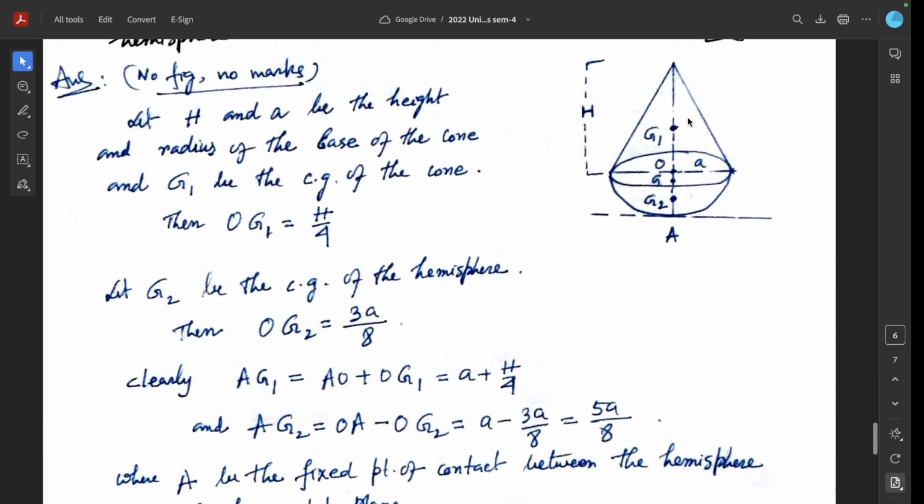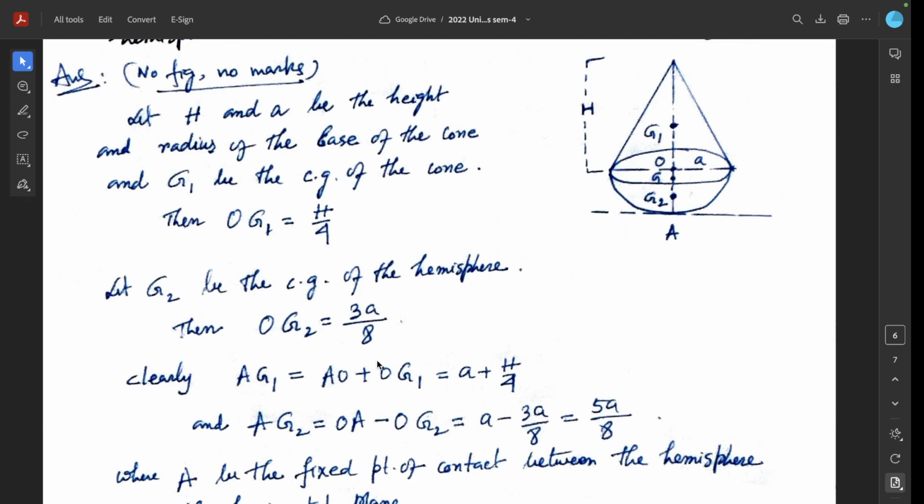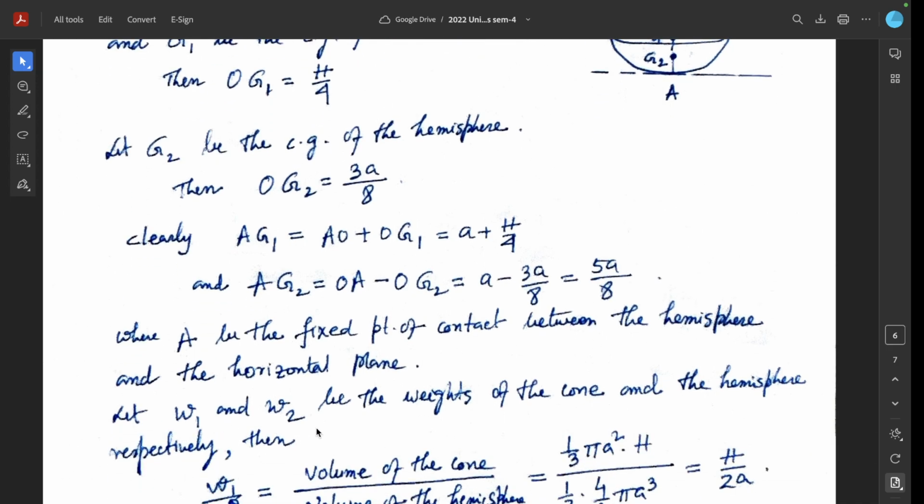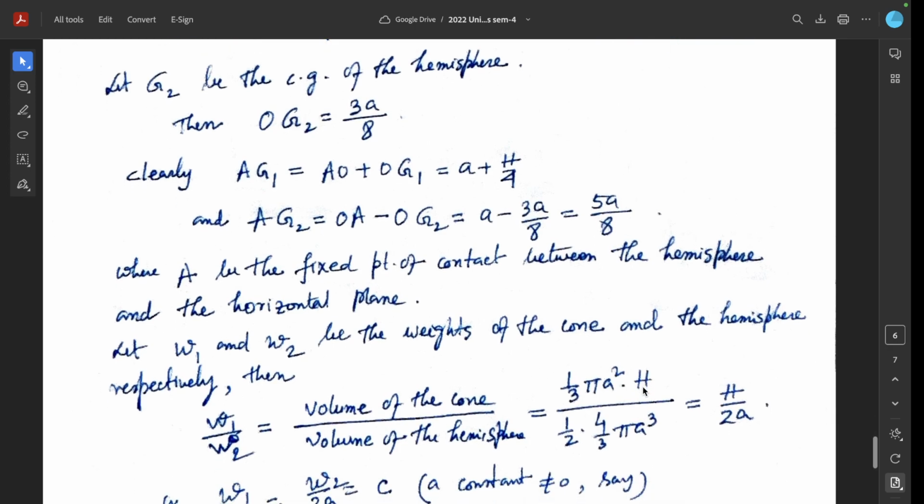Actually, AG1 is the height of the center of gravity of the cone from the base point A, and AG2 is the height of the center of gravity of the hemisphere from the base point A, where A is the fixed point of contact between the hemisphere and the horizontal plane. Let W1, W2 be the weights of the cone and the hemisphere respectively.